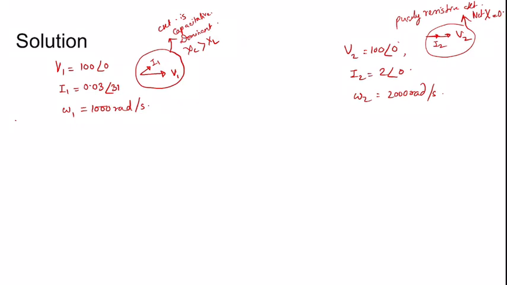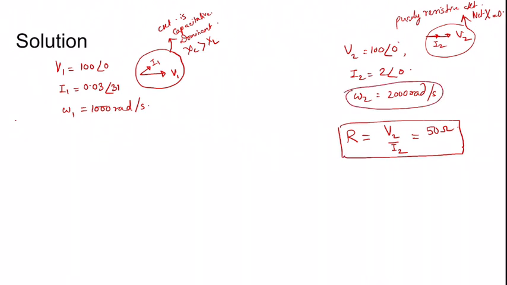Now with this basic analysis, we can immediately say that the value of R equal to V2 by I2, which is equal to 50 ohms. Now R value is determined. What does this mean?